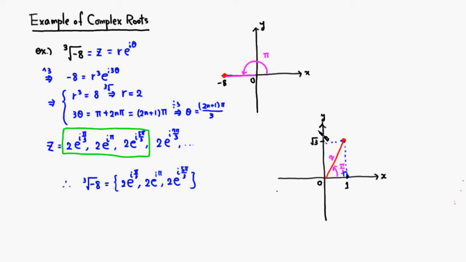So the real part is 1 and the imaginary part is square root of 3, so 1 plus square root of 3 i.